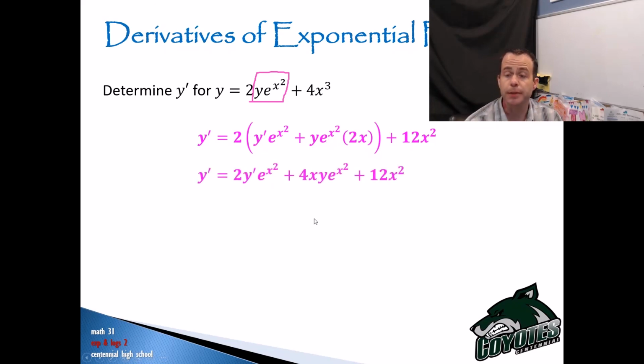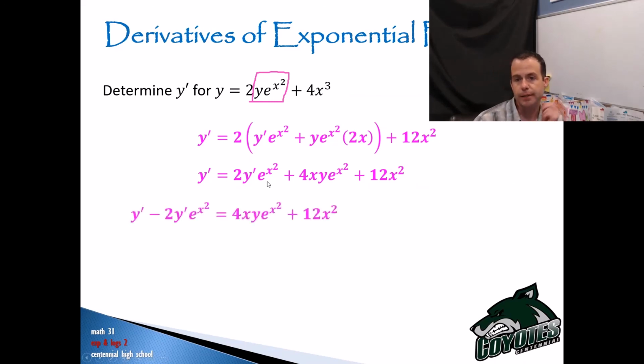Now remember, with implicit differentiation, we want to get all our terms involving y prime onto one side and all the terms not involving y prime to the other side. So I'm going to take that 2 y prime e to the x squared over to the other side, so it'll be minus. Then I can factor out the y prime, so that's going to leave me with y prime in brackets 1 minus 2e to the x squared.